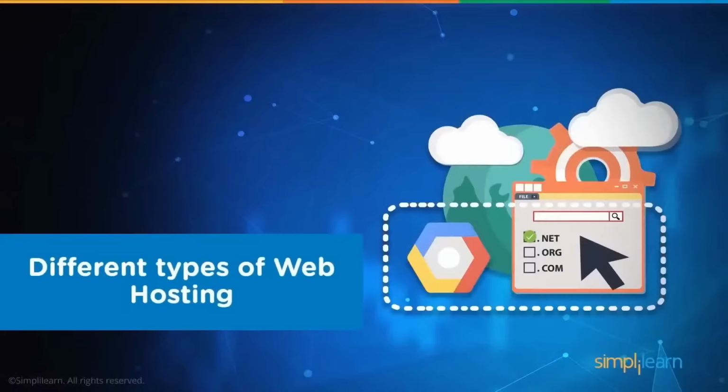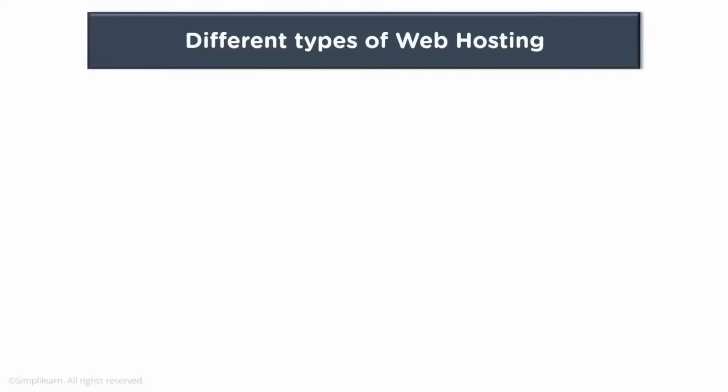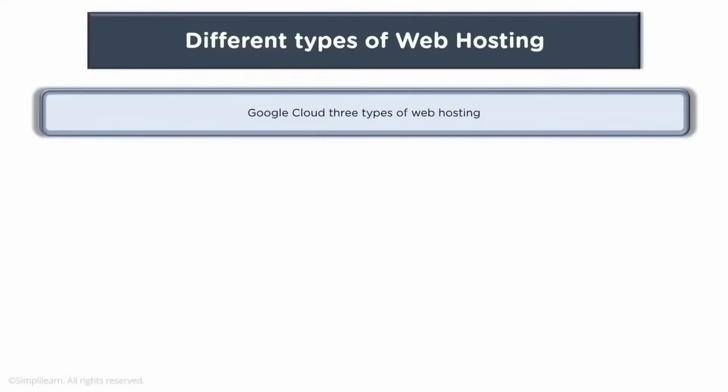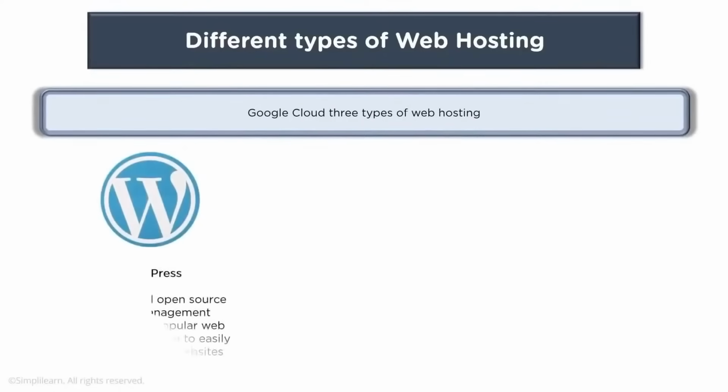Now, when you talk about different types of web hosting, Google Cloud offers three types. You have WordPress, which is a free and open source content management system. You might have used it in the past or heard about WordPress, where a lot of websites are being created. It is a popular web publishing platform to easily set up blogs and websites, and is thus used by organizations or even individual users for having their blogs, running their websites or promoting their products.